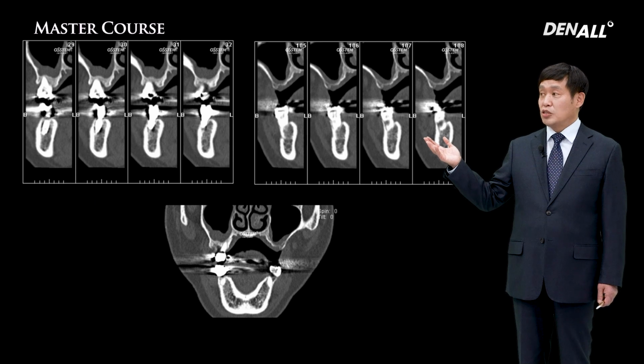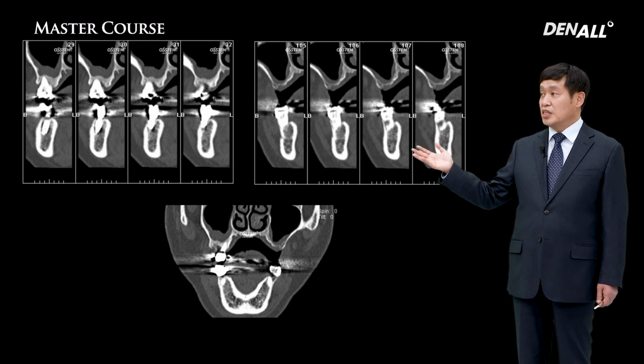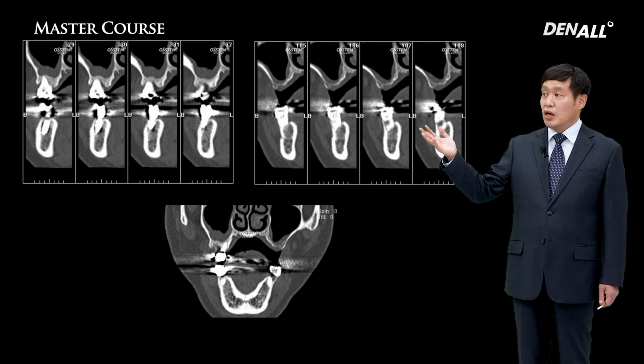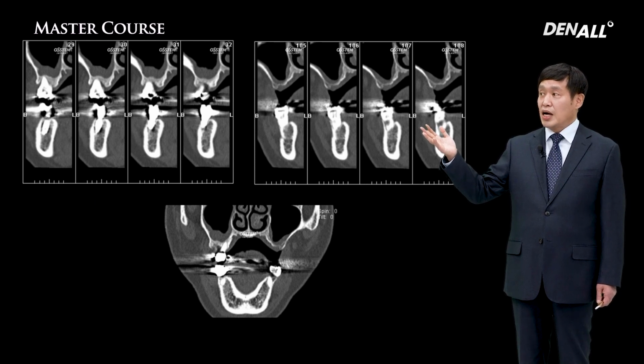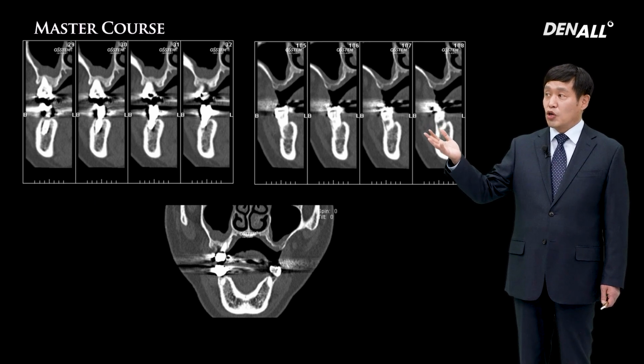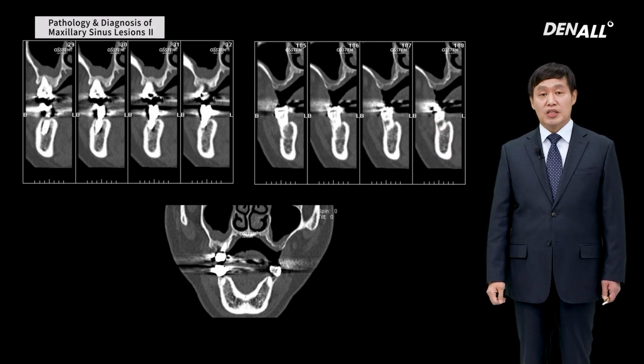In the sinus floor, there is mucosal thickening. On CT, in the maxillary posterior area, there's apex lesion and there's mucosal thickening.